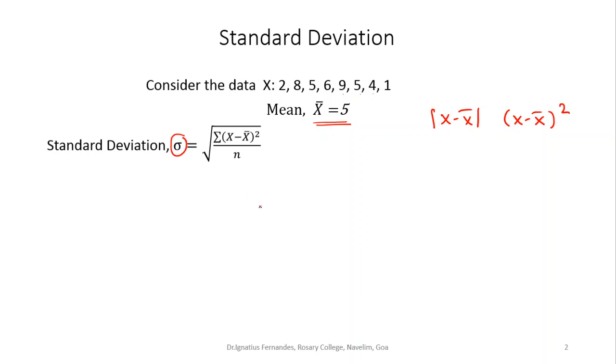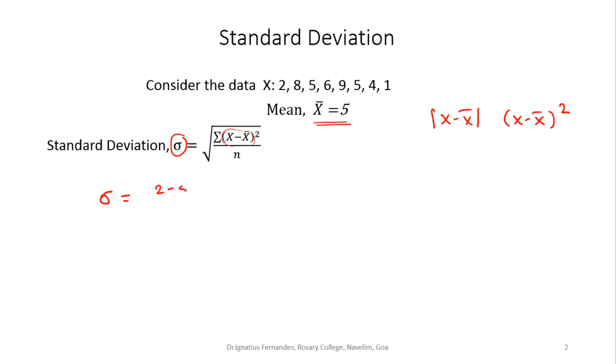So let us say I want to find the standard deviation for this data. Standard deviation sigma is the square root of the sum of the squares of the deviations. From each of these values you have to subtract its mean.